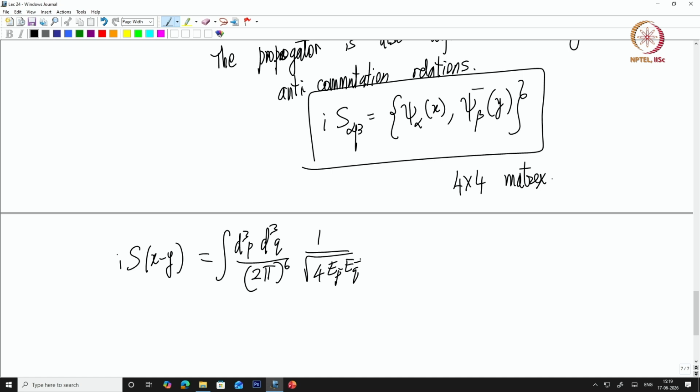So just substituting these modes into this relation and computing the anti-commutation relation, we'll end up having an anti-commutation between b p and b dagger q.